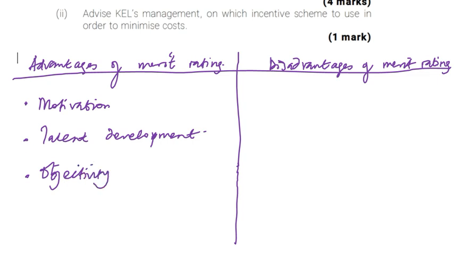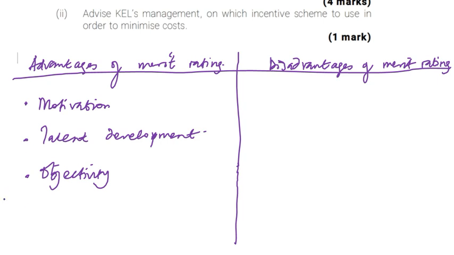How? It provides a structured and systematic approach to evaluating an employee's performance based on measurable criteria. So there will always be measurable criteria when doing that systematic approach of evaluating the performance of employees. So there is objectivity when it comes to merit rating.